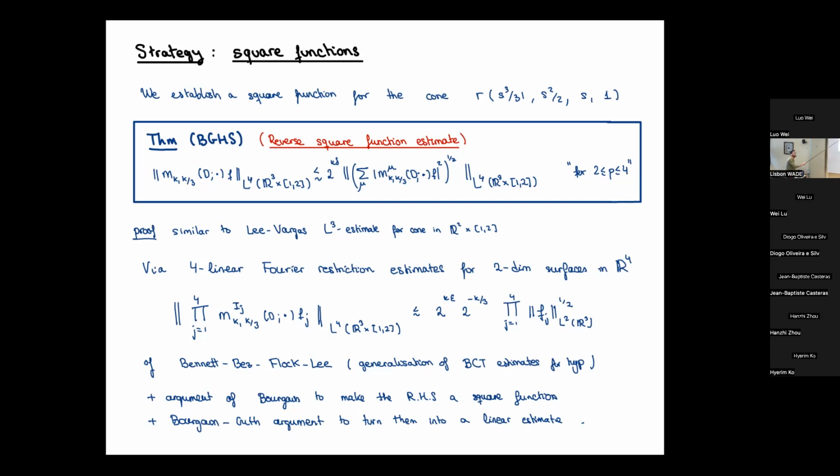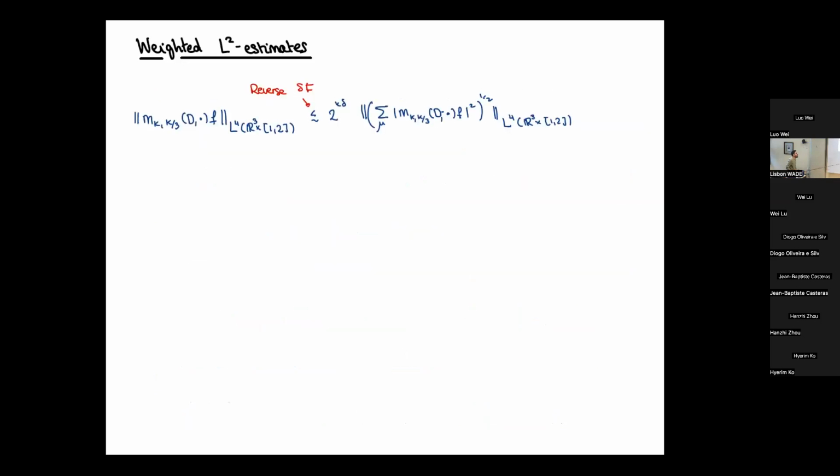So this is the scheme for the L3 estimate for the top. Once one has that, then one can apply this square function estimate with no loss. Typically, one takes advantage of the interaction between the pieces by duality.